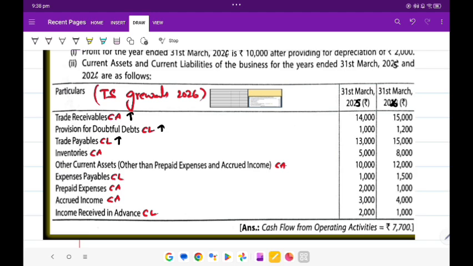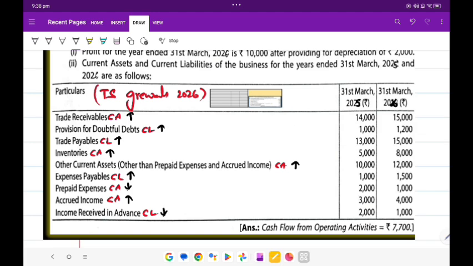Inventories 5,000 became 8,000, increased. Other current assets 10,000 became 12,000, increased. Expenses payable 1,000 became 1,500, increased. Prepaid expenses 2,000 became 1,000, decreased. Accrued income 3,000 became 4,000, increased. Income received in advance 2,000 became 1,000, so decrease.